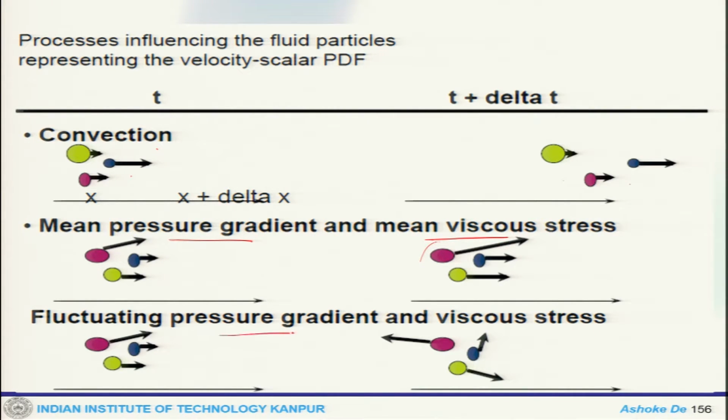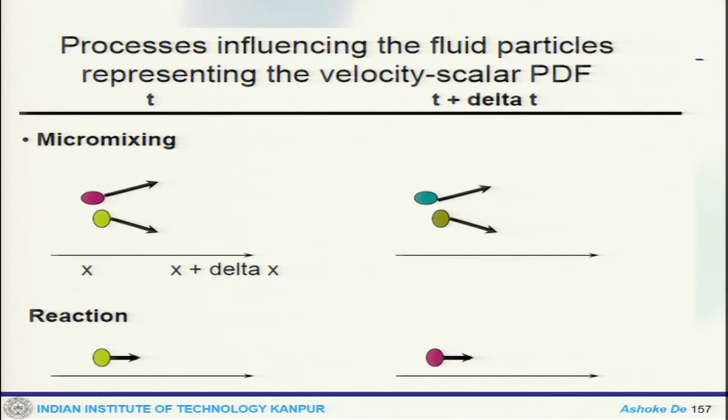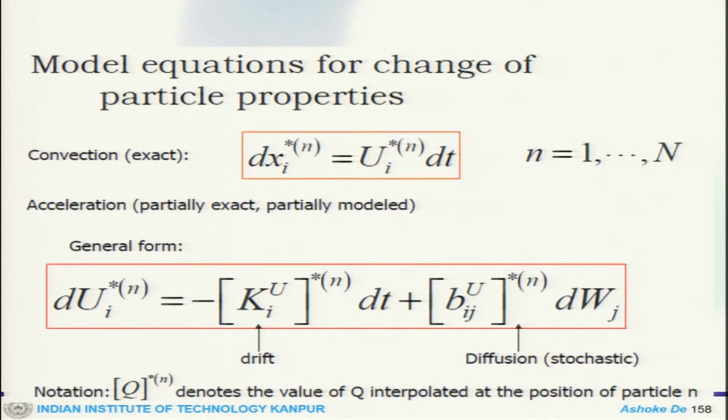There is a fluctuating pressure gradient and viscous stress, which will allow the particle to show different kinds of behavior. Then obviously there will be mixing and then reaction. So they will react to all these different phenomena occurring in the particle framework.